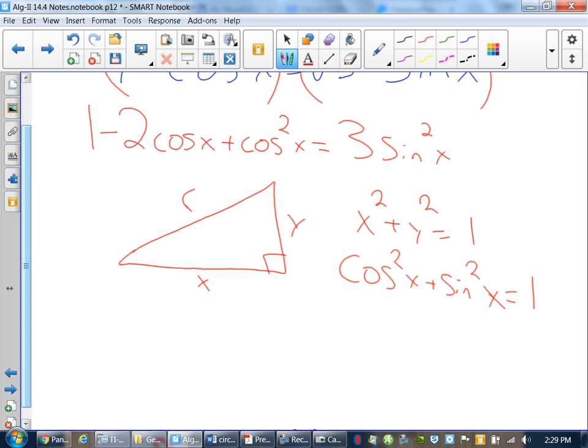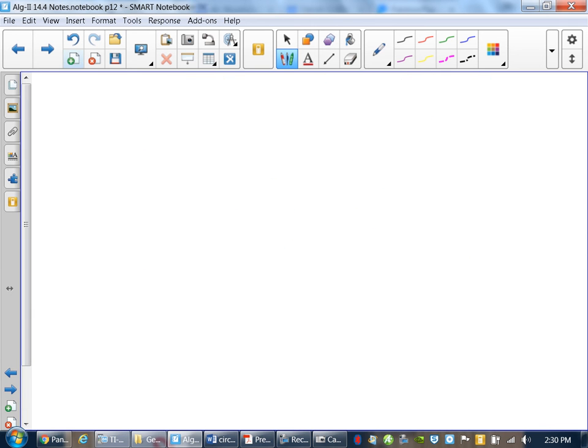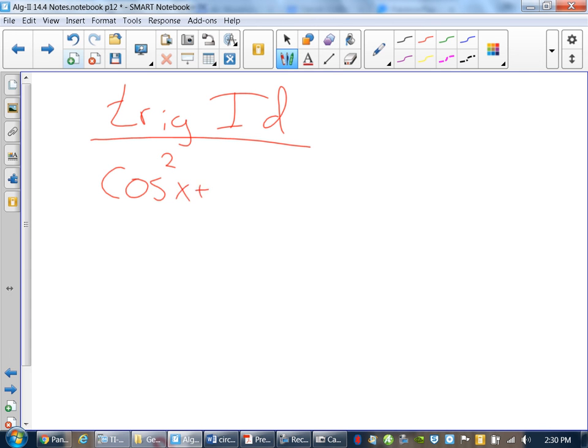Okay. So what happens here is that we get what's called a trigonometric Pythagorean identity. You have a trig ID, and we're going to have a bunch of these. We're just going to start with this one. Cosine squared of x plus sine squared of x always equals 1.